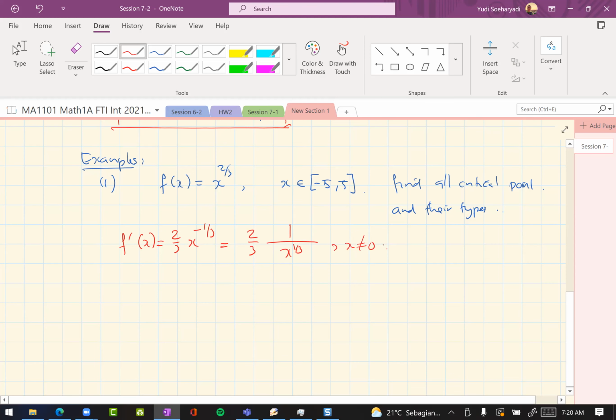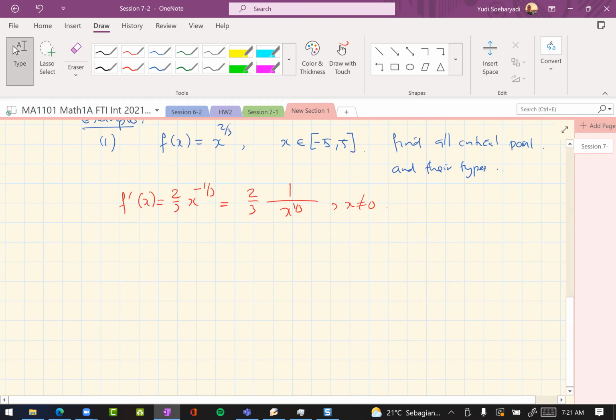So f' exists at any x in the interior, the endpoints don't count, except for x equal 0.